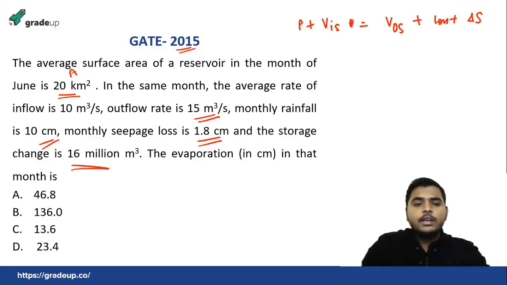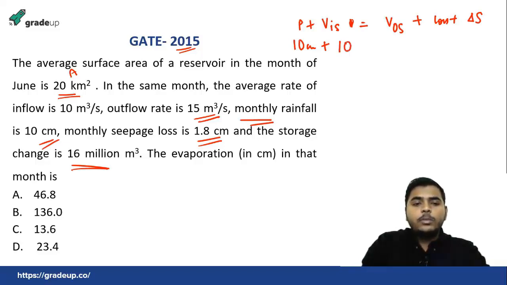So let's solve this. Precipitation is given as 10 centimeters. It is monthly rainfall, this you also have to notice. So here we have to calculate for the whole month. The average rate of inflow is 10 m³ per second, so we have to convert this into a monthly volume.